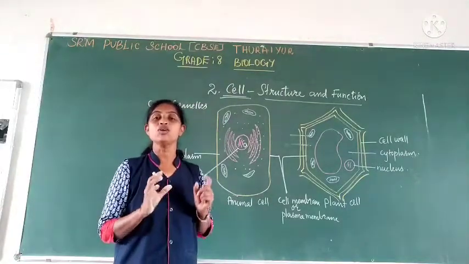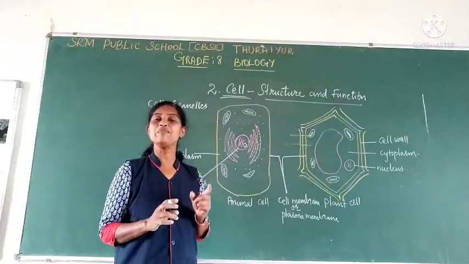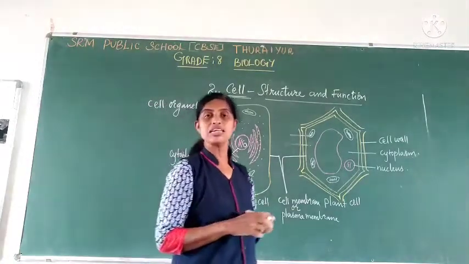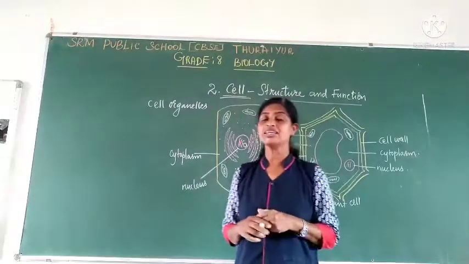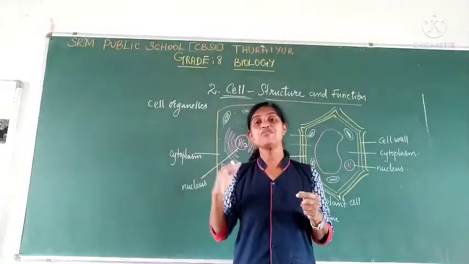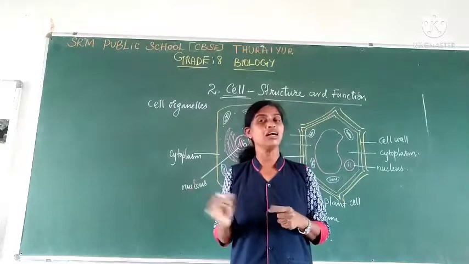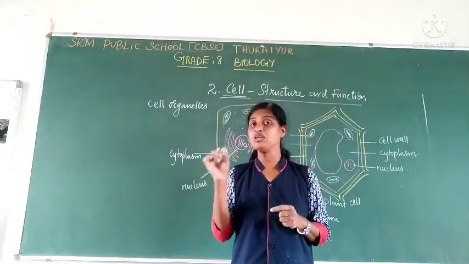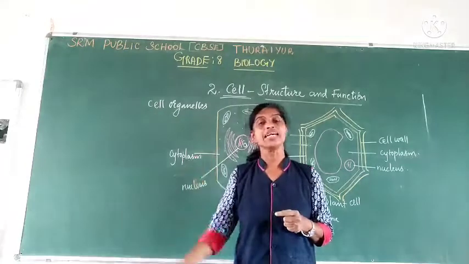The chromosomes are made up of DNA. DNA means deoxyribonucleic acid, and a segment of DNA is called a gene. These genes are the actual unit of inheritance of characters.